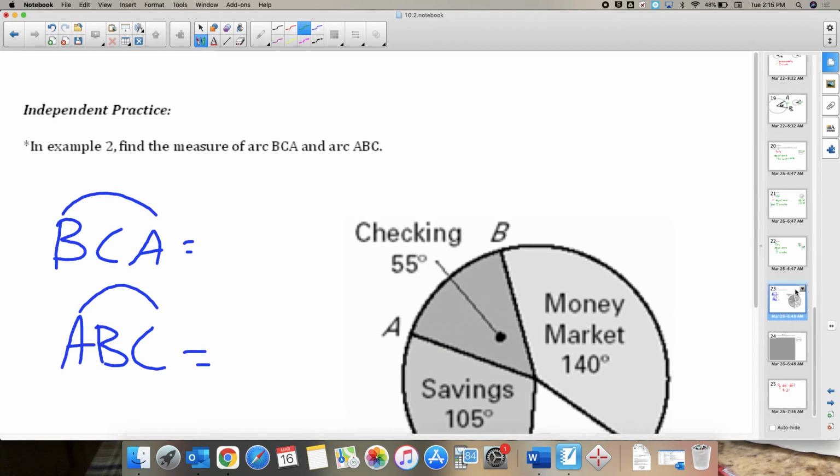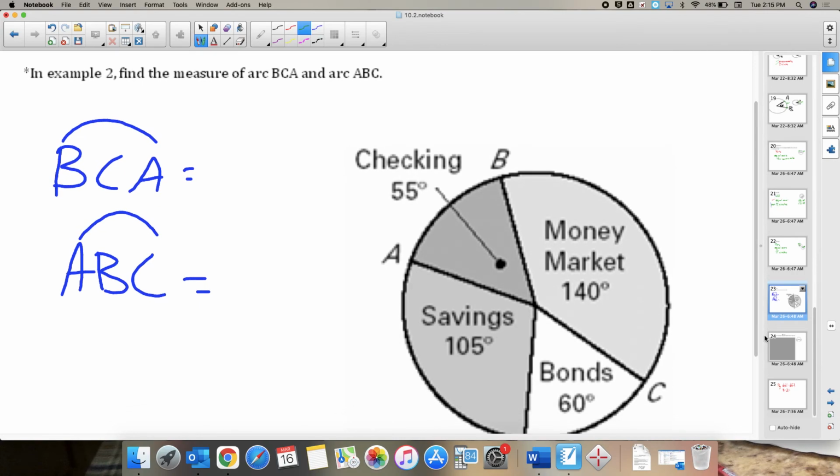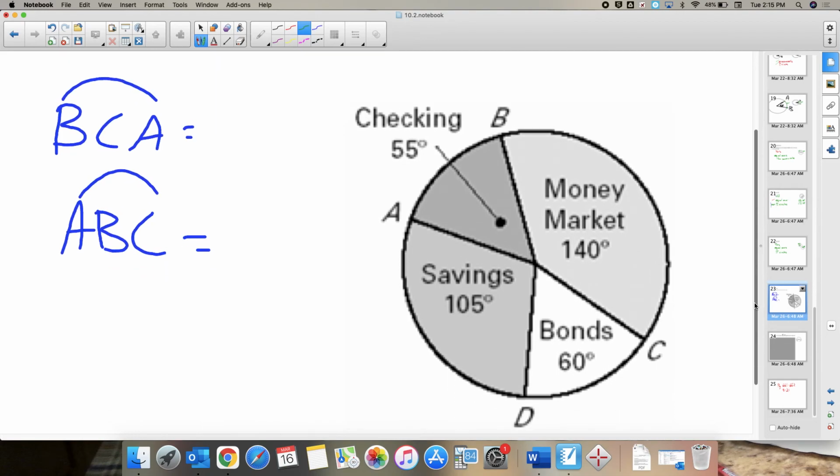Take a look at your next one there. It says, in example 2, which was the pie chart that we had, find the measure of arc BCA and arc ABC. So, BCA means I start at B, go around through C, and end up at A. So I have 140 plus 60 plus 105.